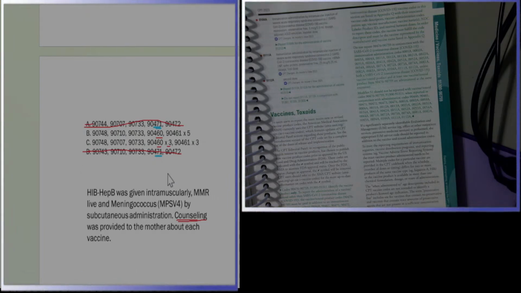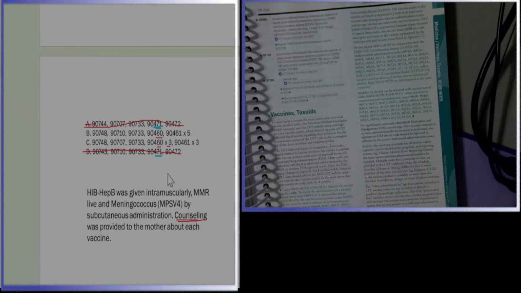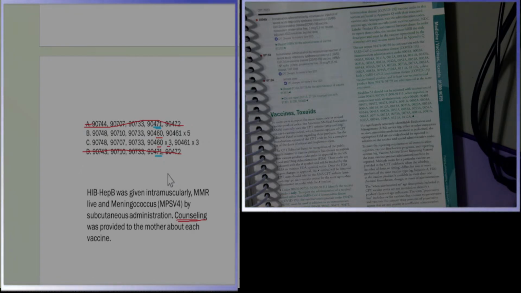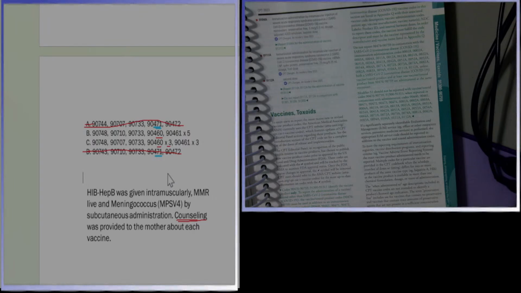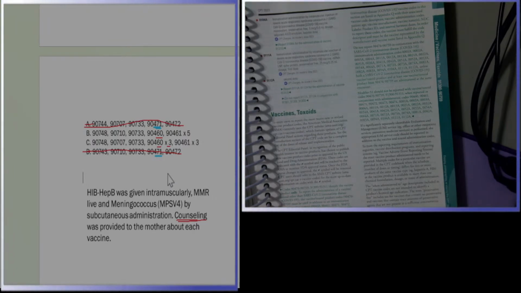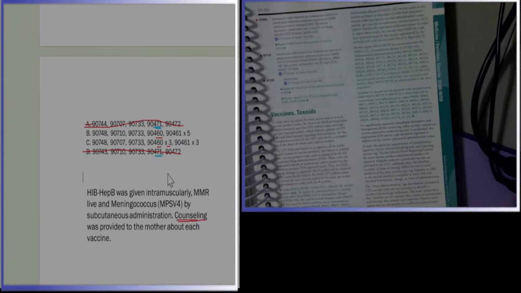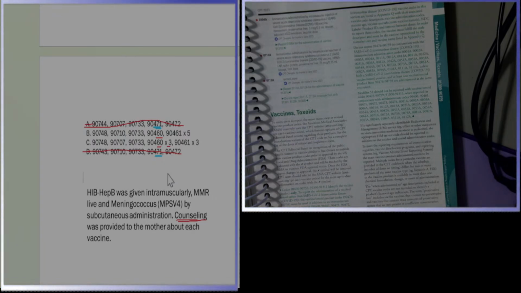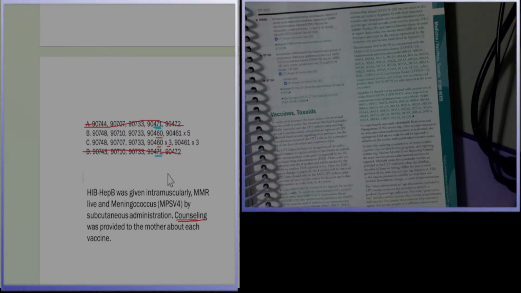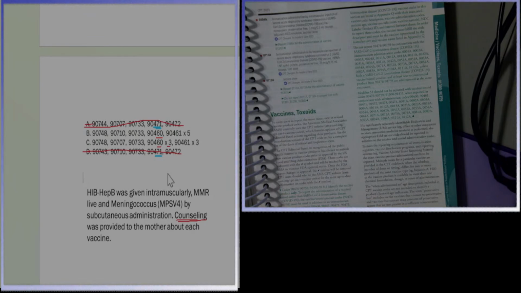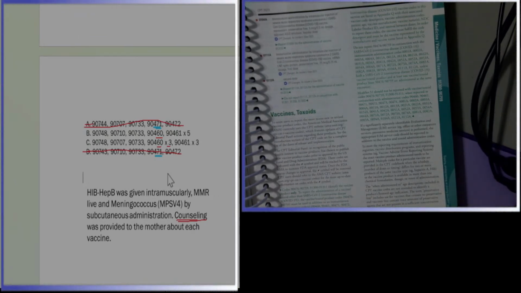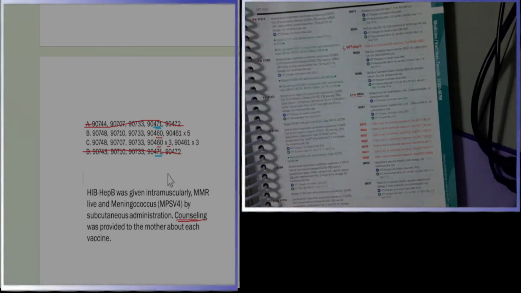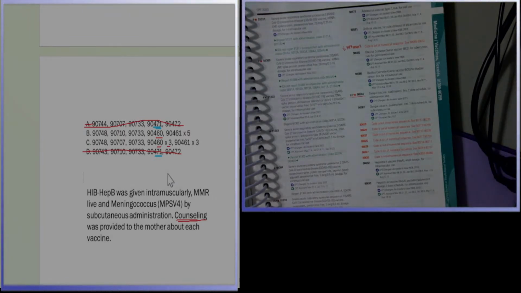We're looking at the CPT book. Let's think about that again. She said without. So those multiplications are for the counseling.